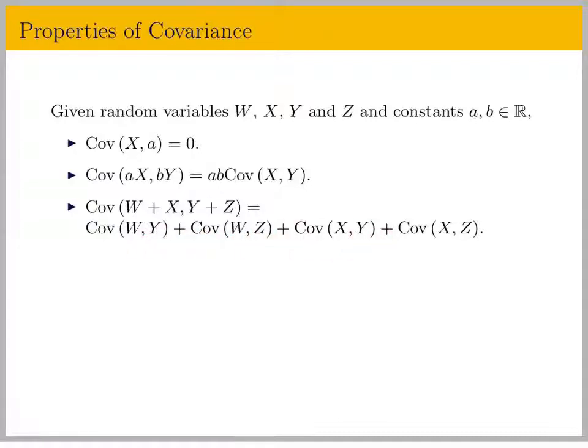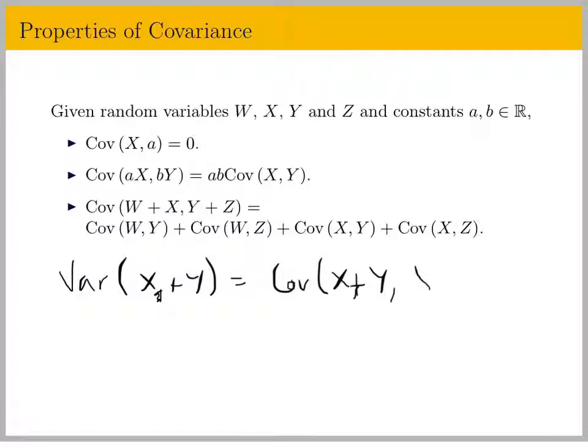In fact, you can recall how I noted this in the previous slide, how the variance of a sum, let's call it x plus y, is equal to the covariance of x plus y with itself. And how did we get that?